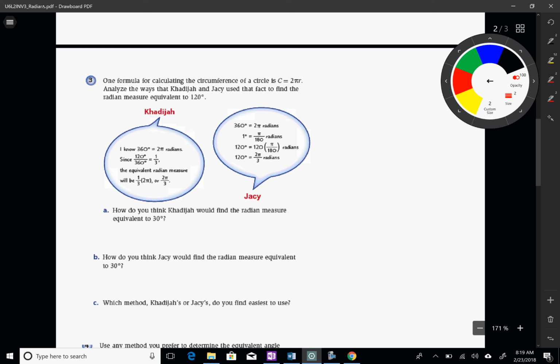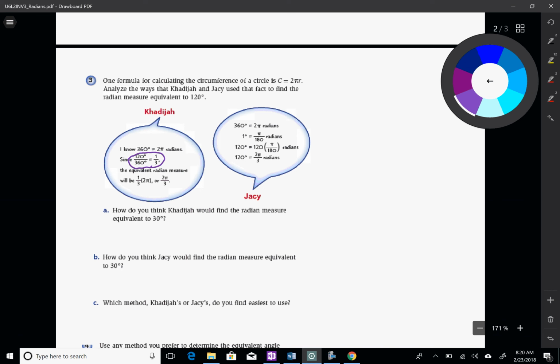Khadija's method to find a radian measure of 30 degrees. You can see in Khadija's method, she takes the fraction of the circle that the degrees is, kind of like what we've done with arc length and sector area, and then she multiplies by 2 pi because she knows there's 2 pi radians in a whole circle.